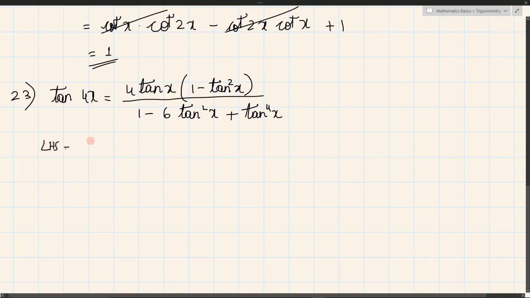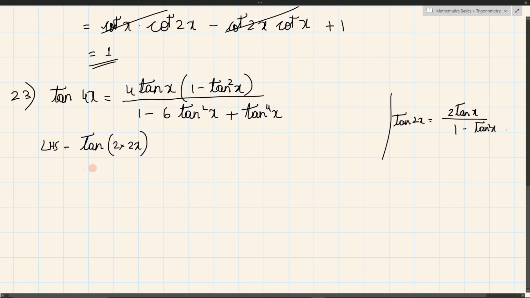LHS is equal to, I'll write tan 4x as tan of 2 into x, that is 2 into 2x. So tan 2x is given by the formula 2 tan x divided by 1 minus tan square x, right?